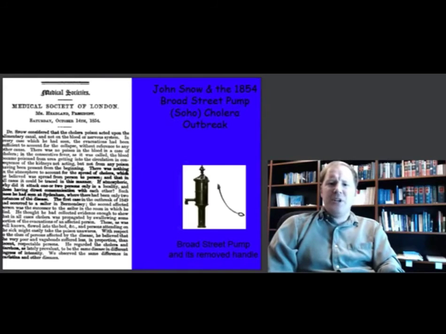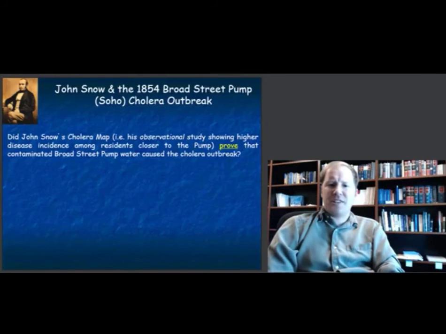But what really sealed the deal was the manipulation of the experiment, removing the pump handle. Once an experimental form was set up, we really had data that we could then use. The cholera stopped after removing the pump handle. So when we ask the question, did John Snow, through his cholera map, observe and thereby prove that contaminated Broad Street pump water caused the cholera outbreak?